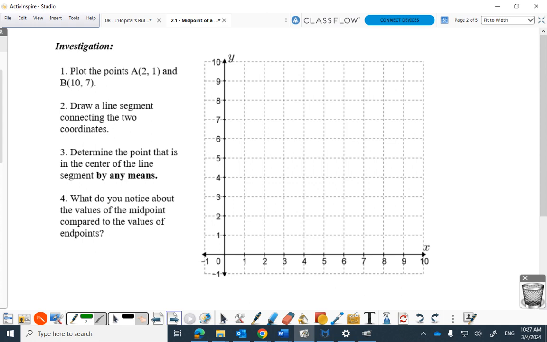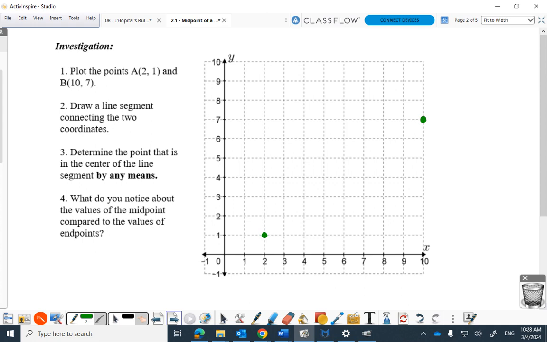Plot the points (2, 1) and (10, 7). Got it. Draw a line segment connecting the 2 coordinates. Now this is different than what you did on the test on Friday. If you had 2 points on a line on Friday, you would have just drawn a line all the way through that went forever, right from end to end, and you would have put arrows at the end.